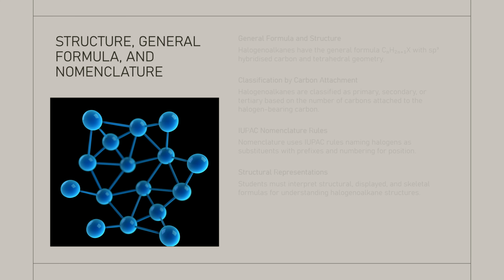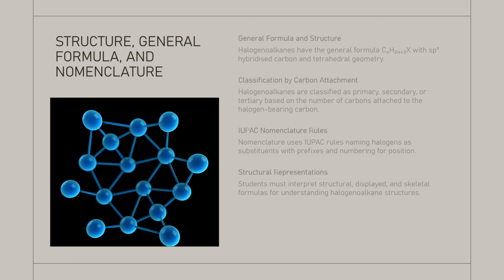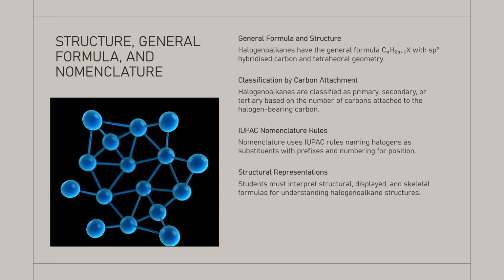The structure of halogenoalkanes is based on the alkane framework, with a general formula CnH2n+1X, where X represents a halogen atom such as fluorine, chlorine, bromine, or iodine. The carbon atom bonded to the halogen is sp³ hybridized, giving a tetrahedral shape with bond angles of approximately 109.5 degrees.